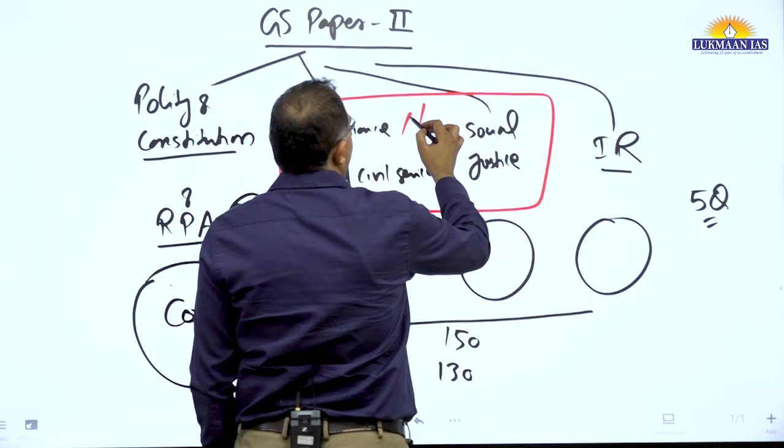If you take GS paper second, it is classified like this: polity and constitution, governance. In governance itself, we also classify and bring the role of civil services.